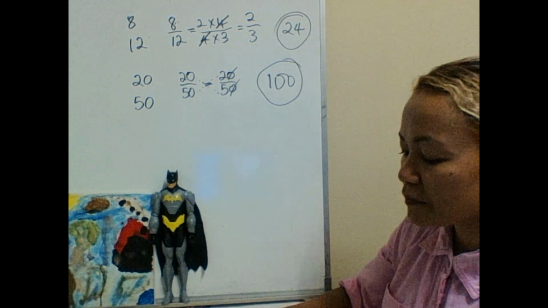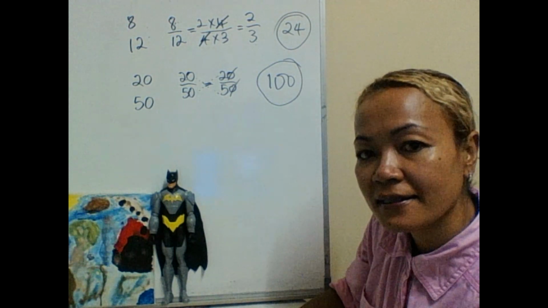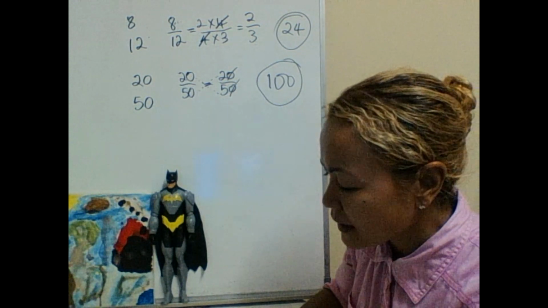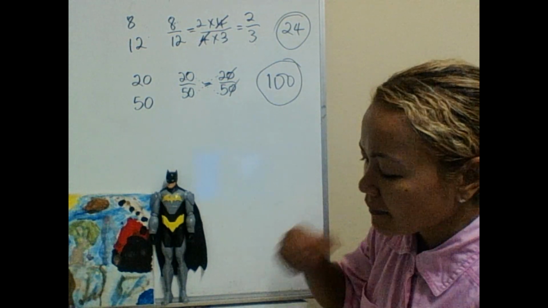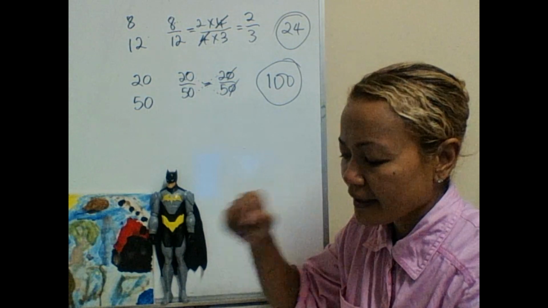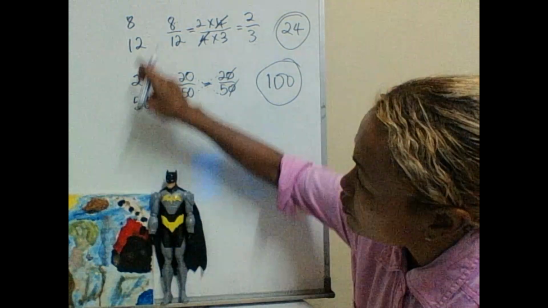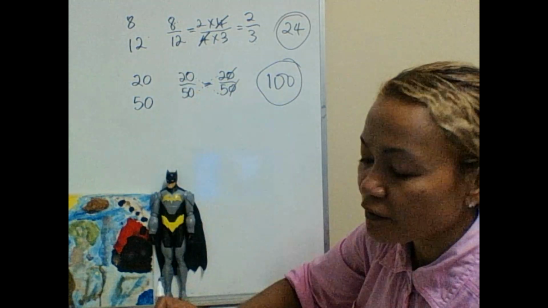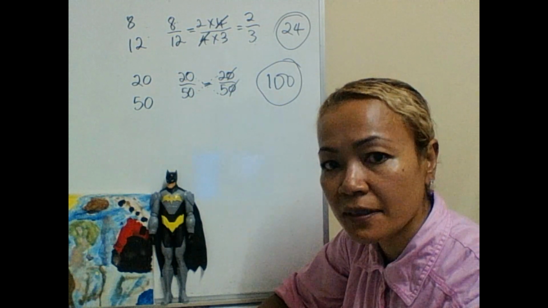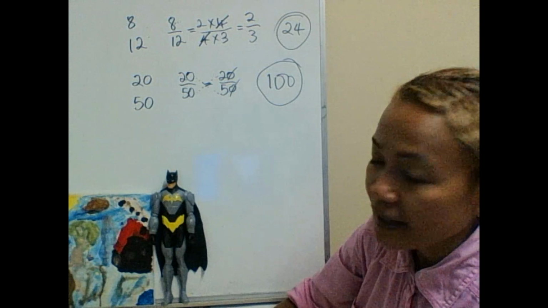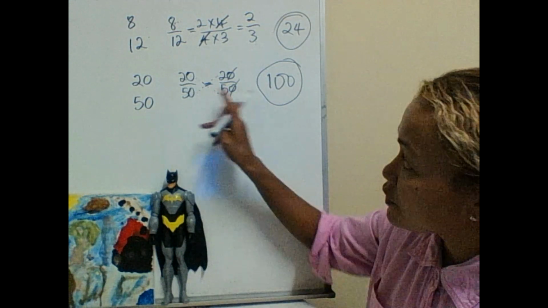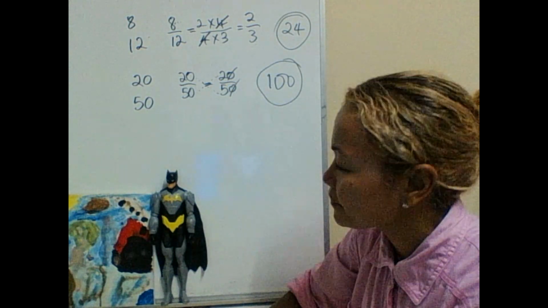Okay, so what was the importance of my explaining that? Now, when you get two numbers, one of which is a prime number, then it reduces the work that you have to do.